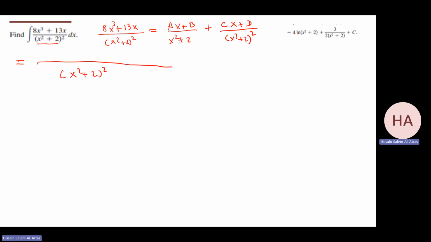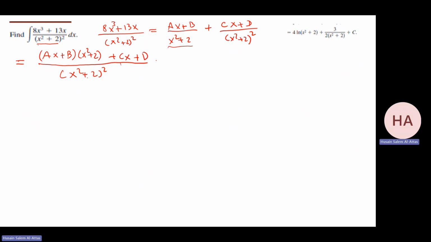Now I divide this by this: I have (ax plus b) times (x squared plus 2), and then plus cx plus d. I divide this by this, I get 1. So plus cx plus d. That will make it somehow easier.